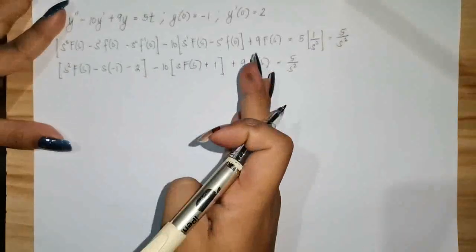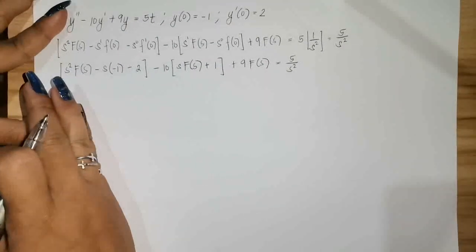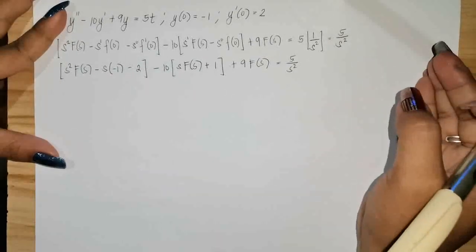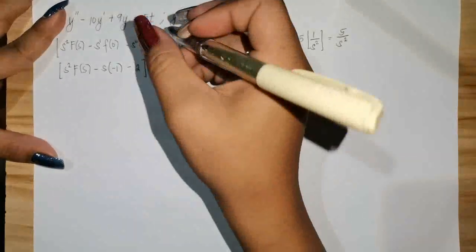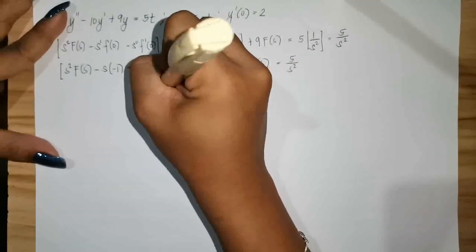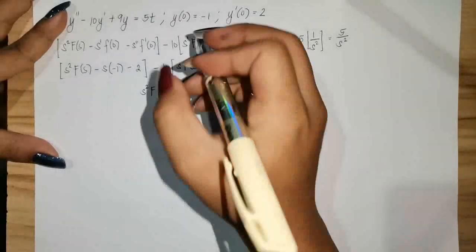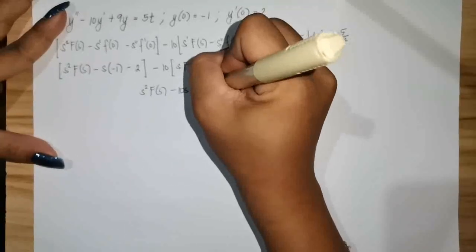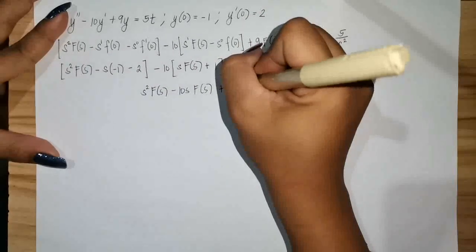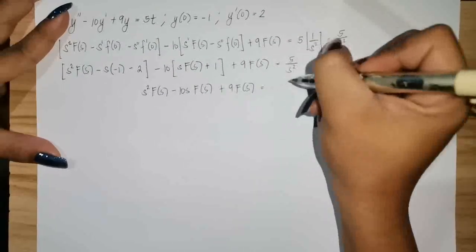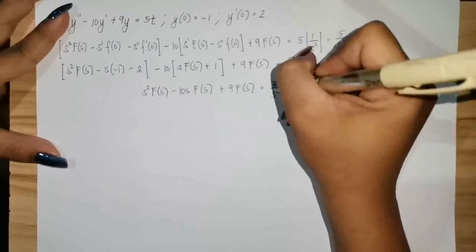So, ang ititira lang natin sa side nito ay lahat ng may f of s. Tapos, lahat ng walang f of s, ililipat natin sa kabila. So, you will now have s squared, then f of s, then minus 10s multiplied by the f of s, plus 9, then f of s. Equated ngayon sa 5 over s squared.